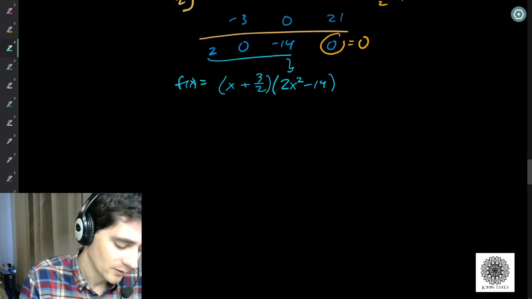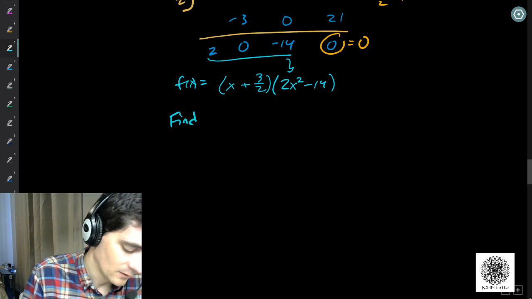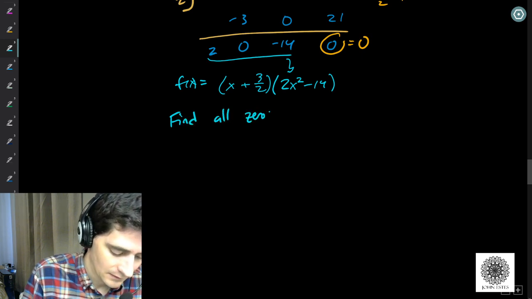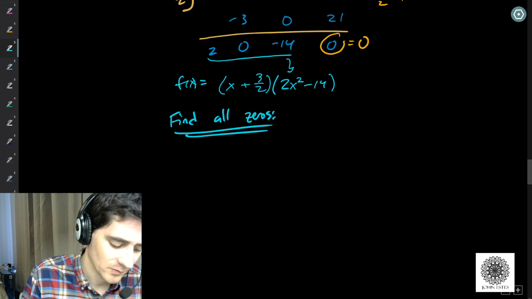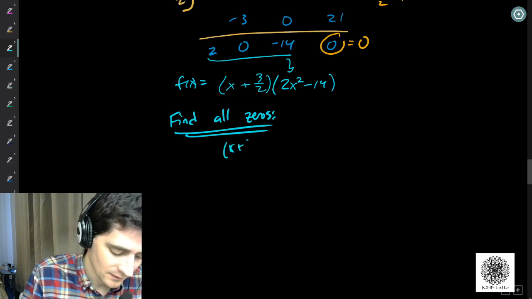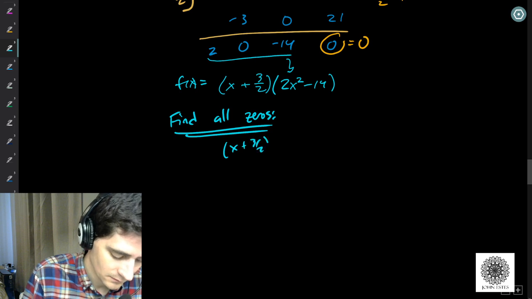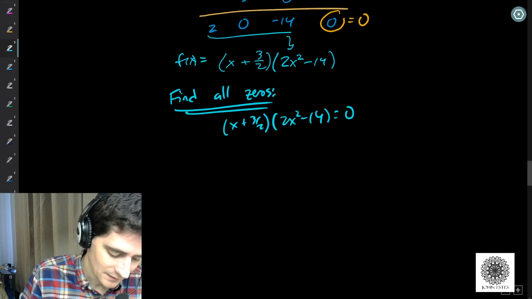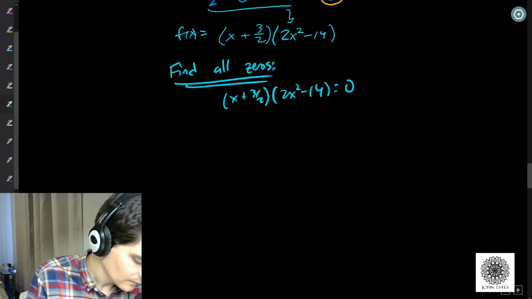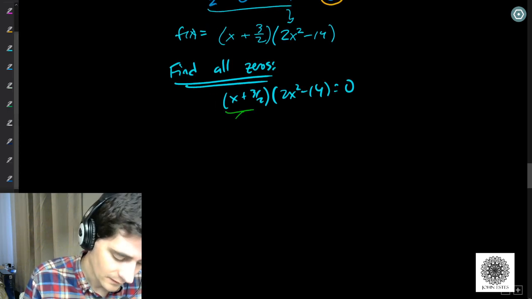Can I find all my zeros? Well, yeah, it's factored. Remember, to find your zeros, you take a factored polynomial and set it equal to 0. From here I get x equals negative 3 halves.